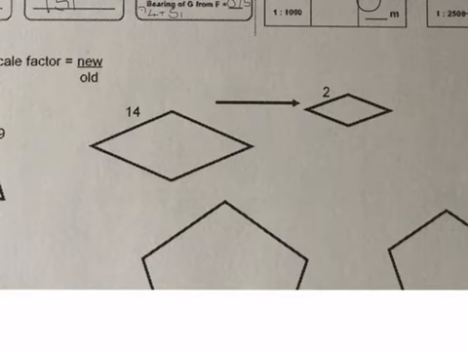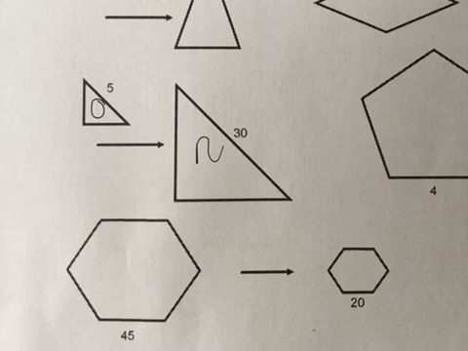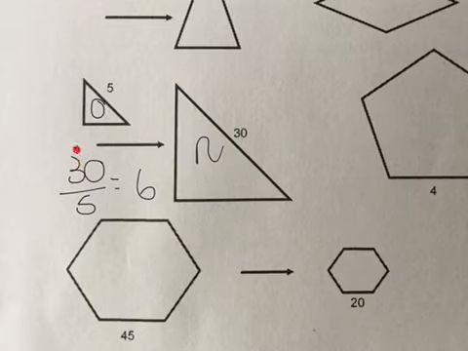So our scale factor for this one is 1 over 7. Again, new over old. This is our starting point, our old one. We're going to the new one. There's our lengths, 30 and 5. So it's going to be 30 over 5. 30 divided by 5 is equal to 6. So my scale factor, this one, is 6.